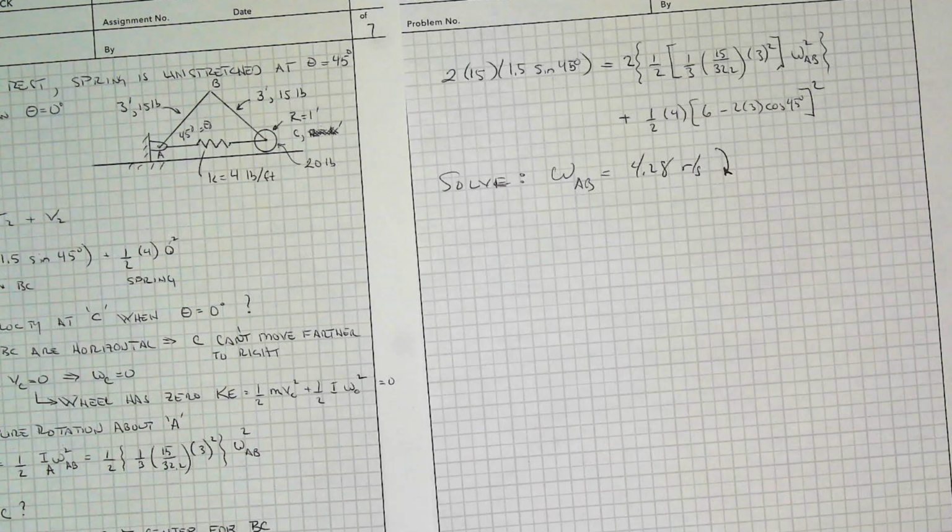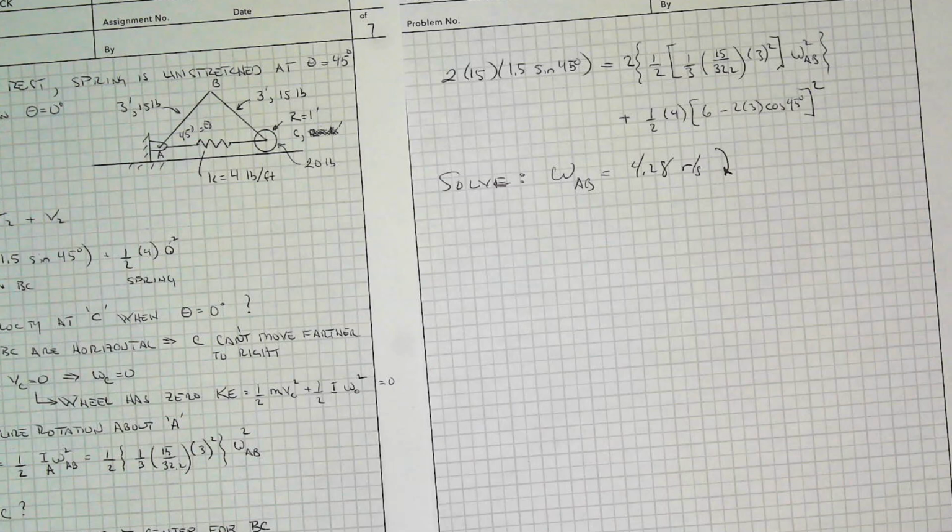This will extend out to 6 feet. And this was the length when it was unstretched. So keep in mind, this is the unstretched length. That would correspond to 3 cos 45 plus 3 cos 45. That's what this distance is to start. So 2 times 3 cos 45 is the original unstretched length. So 6 minus that will give the stretch. We square that, and V2 is done.